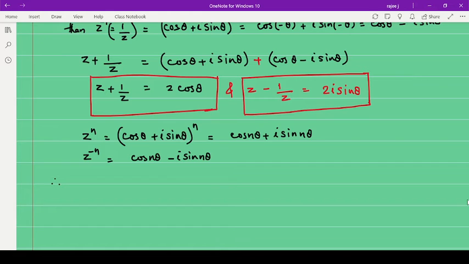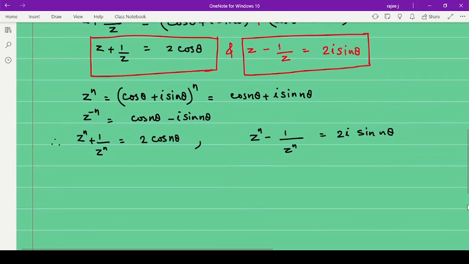Therefore, here if I write z raised to n plus 1 by z raised to n, this will be 2 cos n theta, because when you add these two, the sin n theta gets cancelled. Similarly, z raised to n minus 1 by z raised to n will be 2i sin n theta.